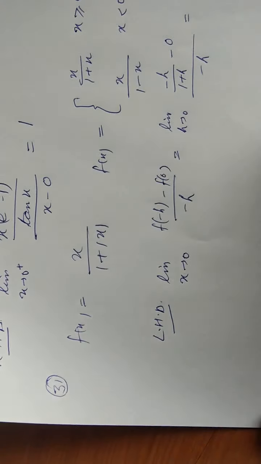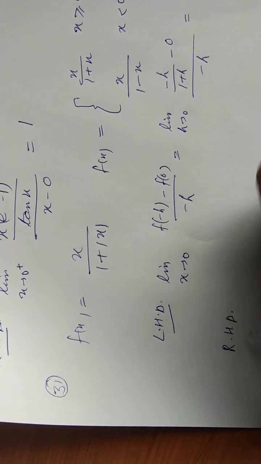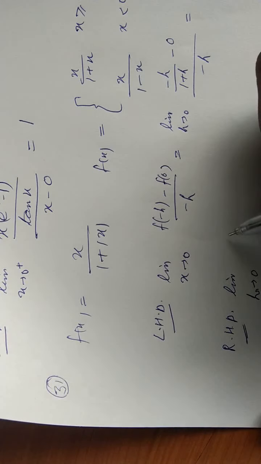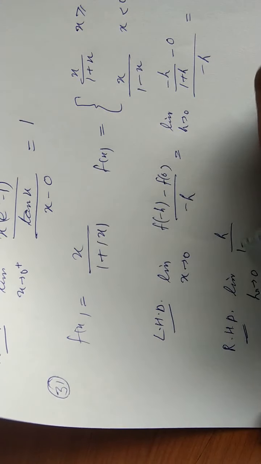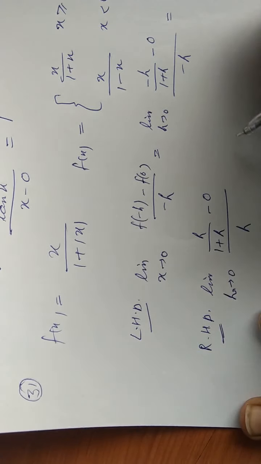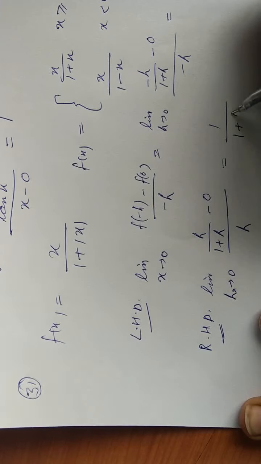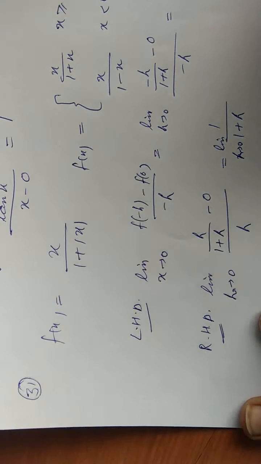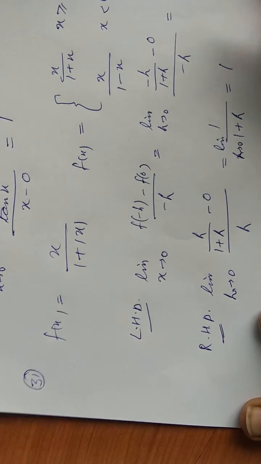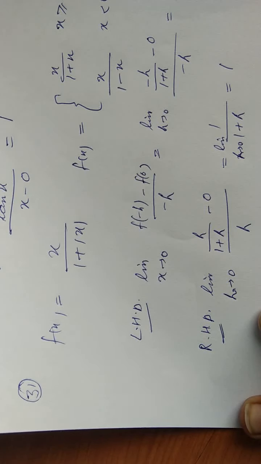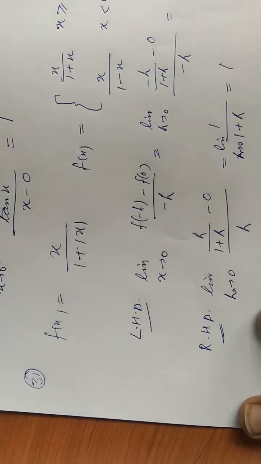Considering RHD, it is limit h tends to 0 of f(h) minus f(0) upon h, which is h upon 1 plus h minus 0 upon h, limit h tends to 0 of 1 upon 1 plus h, which is 1. Since LHD is equal to RHD, f(x) is differentiable at x equal to 0.